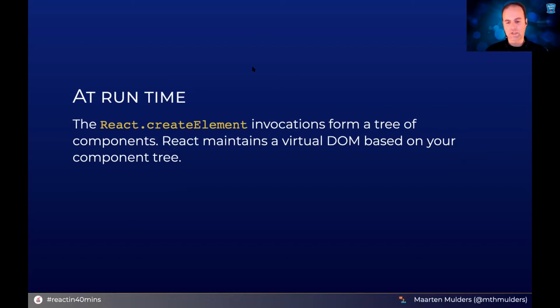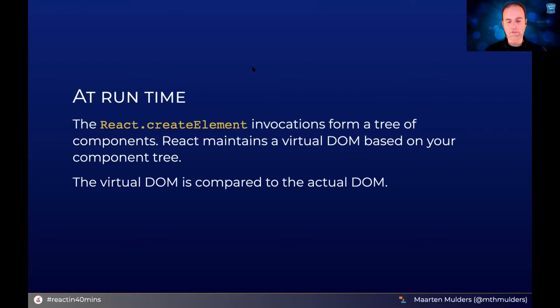And all those objects together form kind of a tree of components, a tree of user interface elements that we will consider for now the virtual document object model. It reflects what your application should look like, but it doesn't yet look like that, because that virtual DOM is then compared by React to the actual document object model, which will initially be empty because nothing happened yet. And it will then start to execute the necessary changes on the document object model.